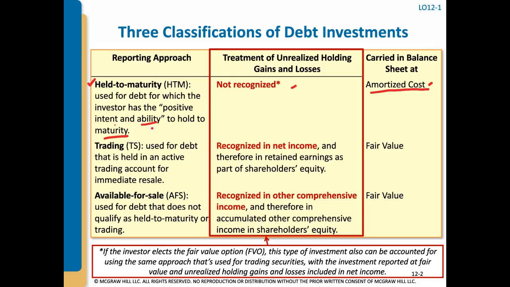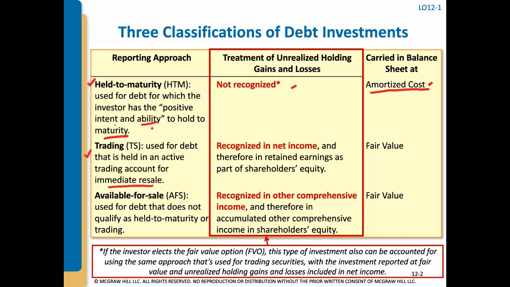Another type of investment is a trading security, and that is when a company purchases bonds or notes and they intend to sell it almost immediately. It's a very short-term investment. Typically, the longest time period for a trading security is 3 months, but many times trading securities are held for a few days and maybe even 1 day or a few hours.